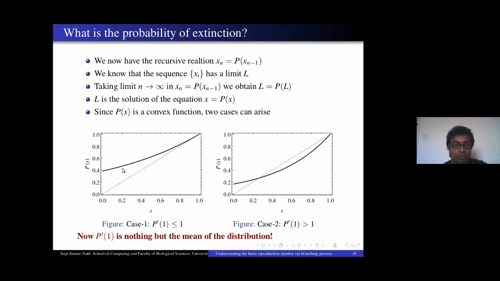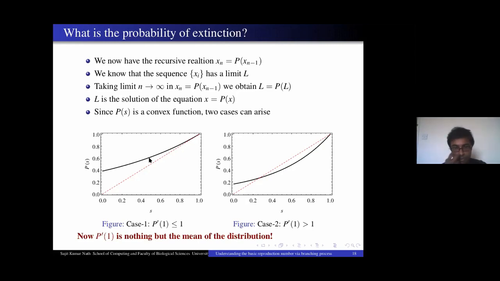So if we plot the generating function of the first generation P(s) with respect to s, we can exactly see what the extinction probability is: the intersection point. In this case, for example, it is around 0.25, I guess, or between 0.25 and 0.3. So this way we can find the extinction probability.